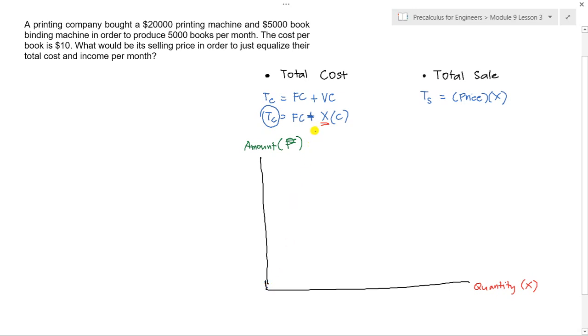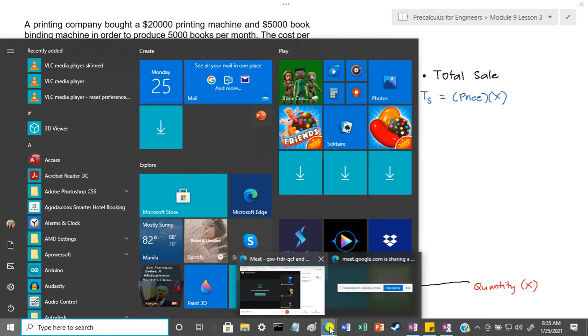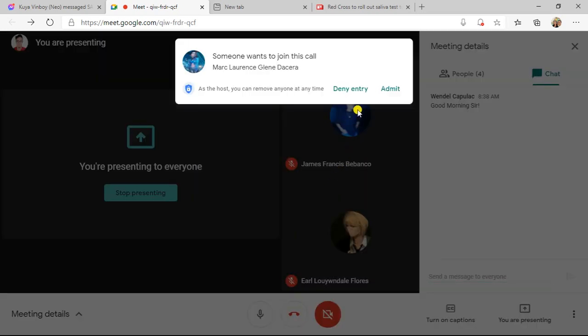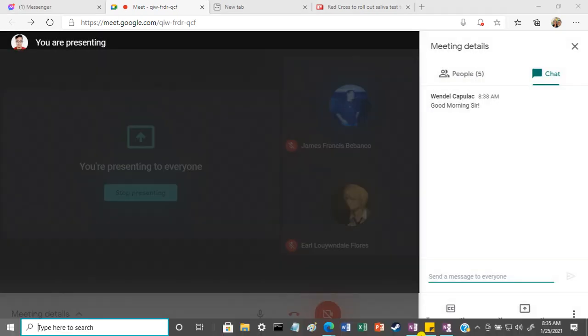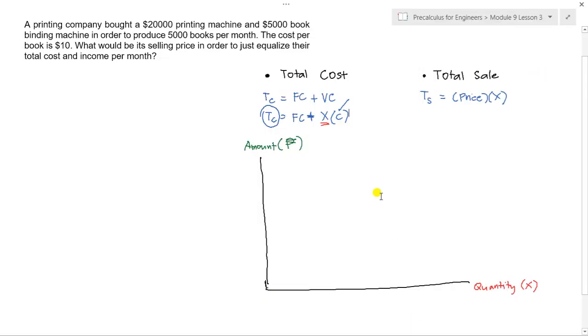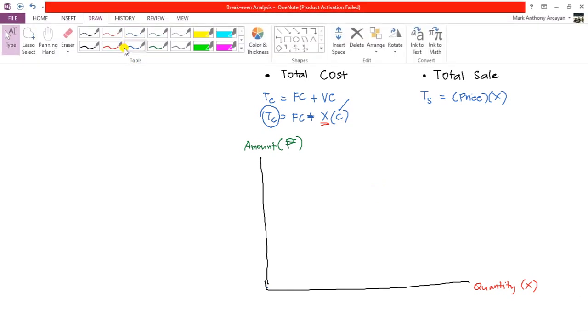Of course, in reality, the cost per quantity is also a variable, but this time let's assume it is constant, the cost in producing a quantity of chicharon, since chicharon is our example here.